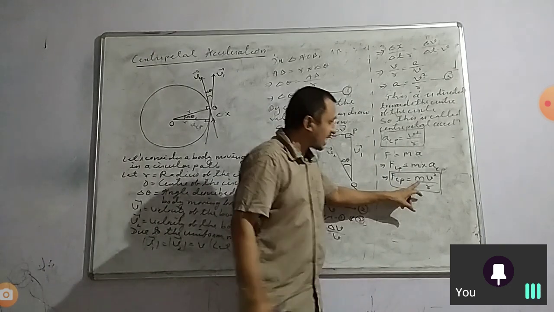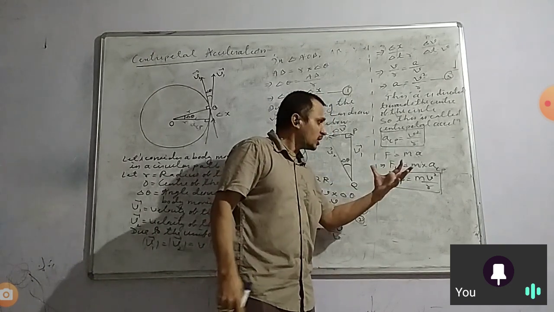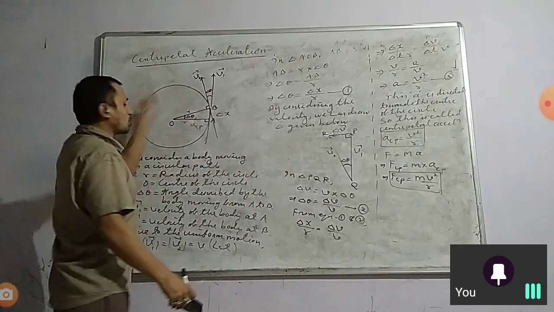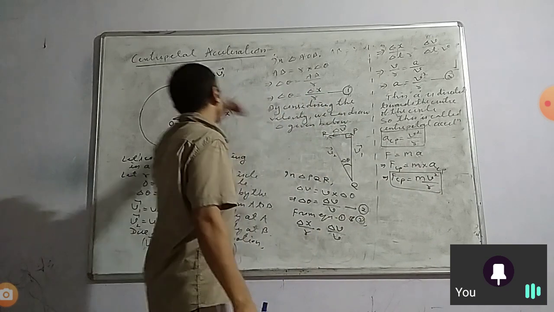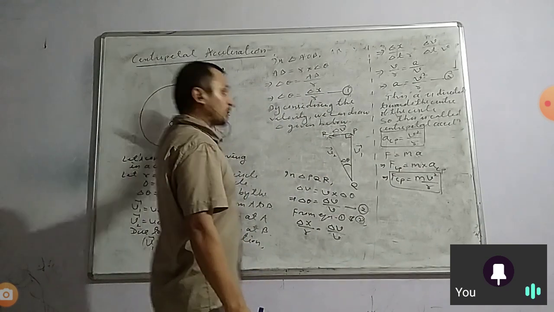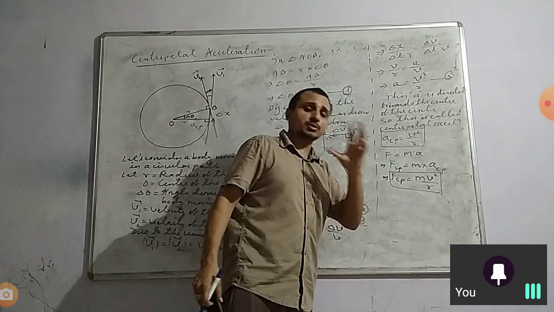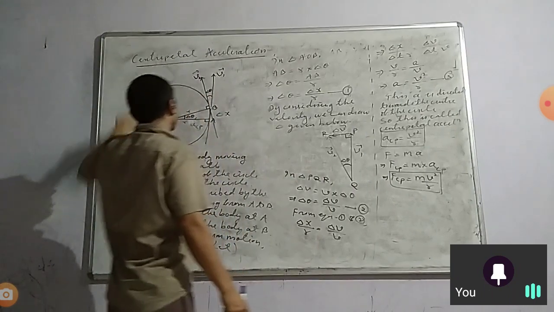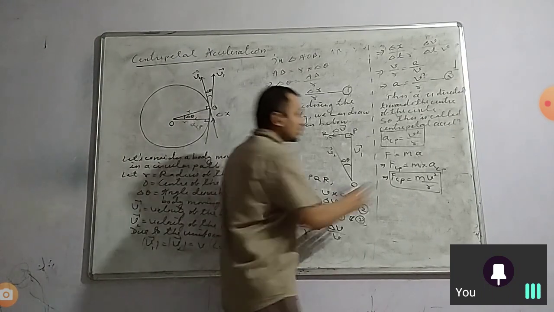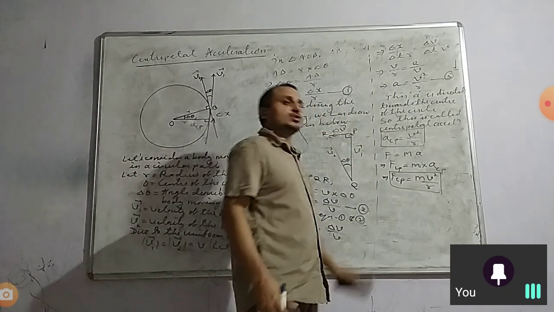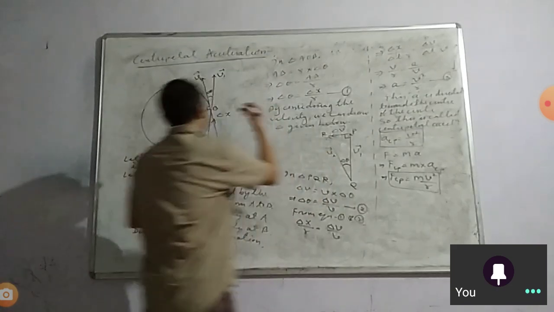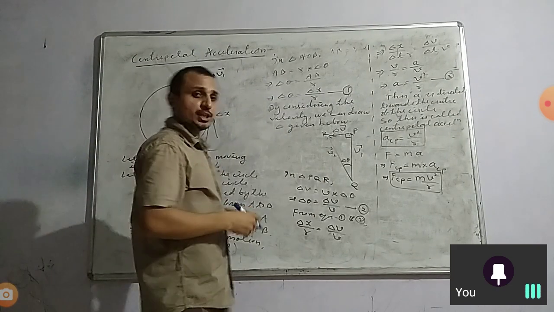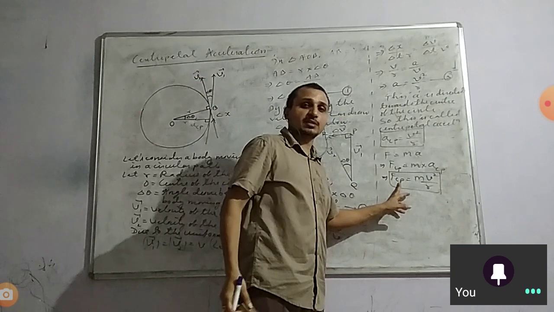Here m is the mass of the body moving in the circular path, v is the velocity with which the body is moving in the circular path, and r is the radius of the circle along which the body is moving. This centripetal force is directed towards the center. That is why we have given it this name.